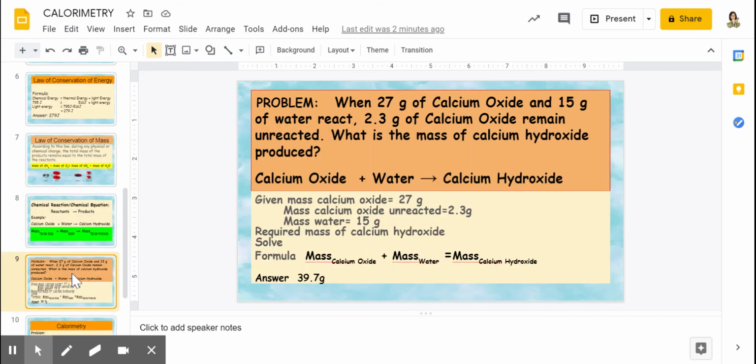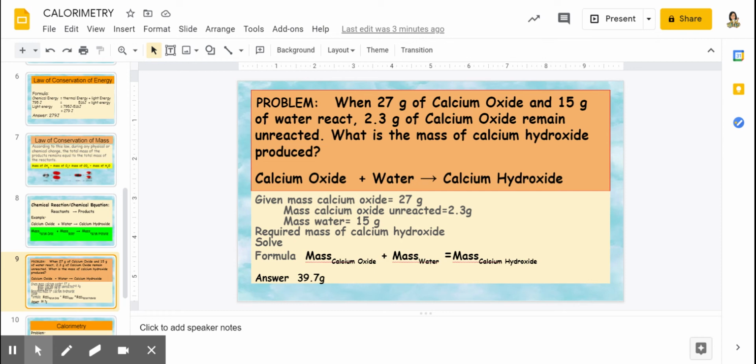Let's have a problem on the law of conservation of mass. You're given those, so you have to write down your given for dimensional analysis. The mass of calcium oxide is 27 grams. The mass of calcium oxide unreacted is 2.3 grams. The mass of water is 15 grams. What is being asked? The mass of the product, which is calcium hydroxide.